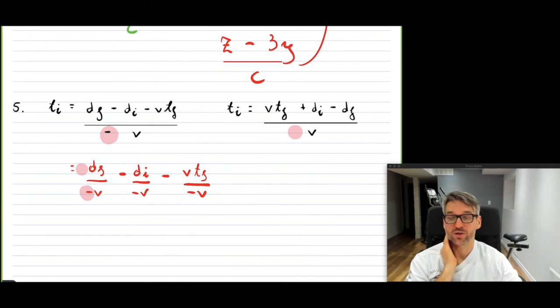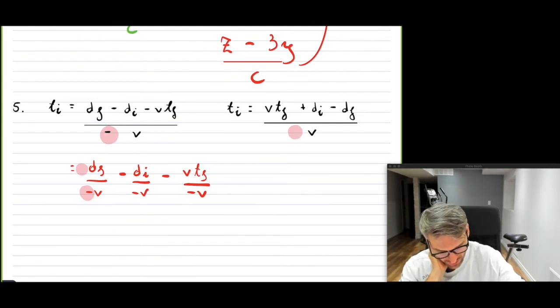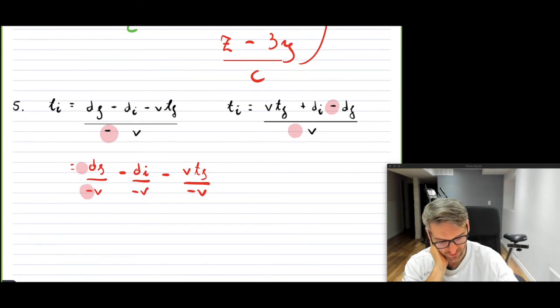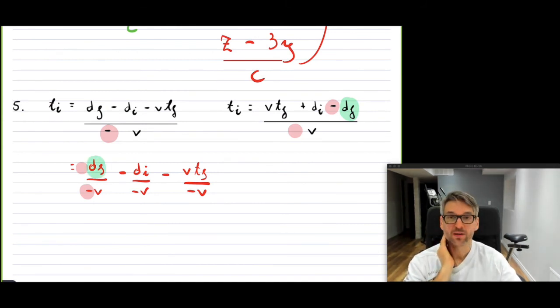Notice, a positive and a negative, because it's division, is going to give you a negative, and that's where this negative came from. So this is df, and this is df, so the sign has changed now.